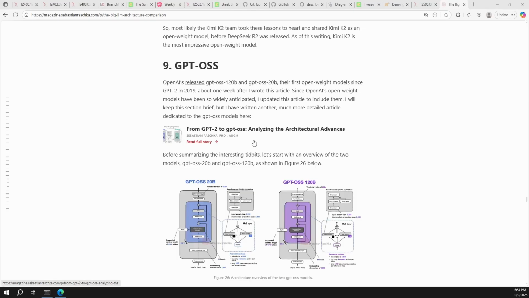Next is GPT-OSS. I am very conflicted. I don't know what to think about GPT-OSS. One way of thinking about GPT-OSS is that some of the things done in this model, OpenAI likely put them in this model because that's what they do in their proprietary GPT-4, GPT-5 models.